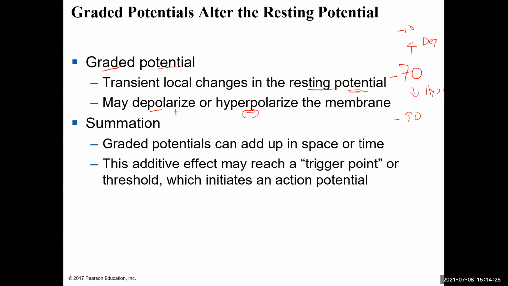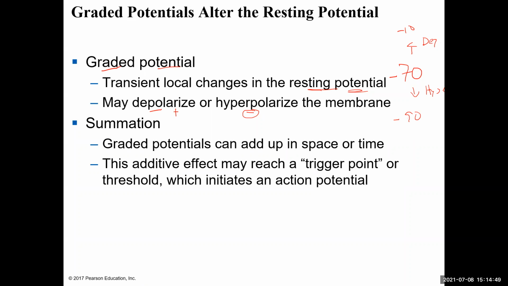Now, we can get stimuli every now and then that don't really cause anything to happen. It just causes a slight change in the resting potential, and then the resting potential will go back to normal because that sodium potassium pump is always working, and it will fluctuate a little bit after that stimulus.